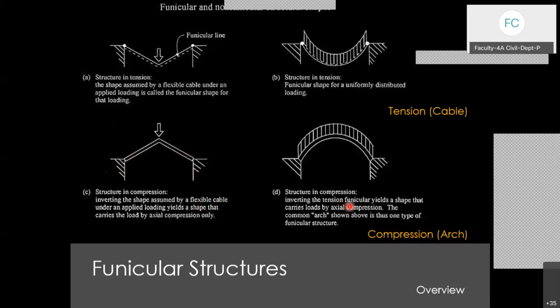Similarly, this is the arc type of structure. Inverting the tension shape, which was earlier in tension, will yield a shape that carries load by axial compression. So understand it very well. In an arc, most of the time the load is axial compression.